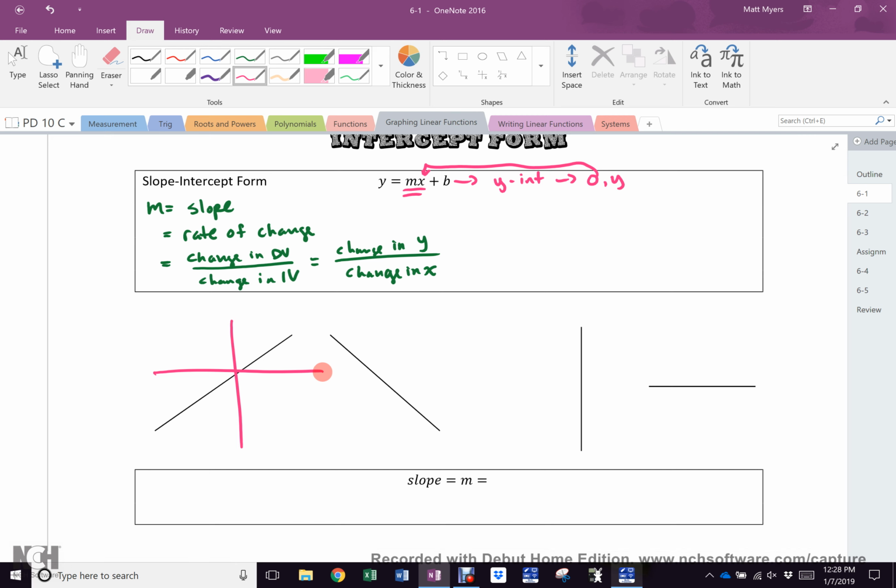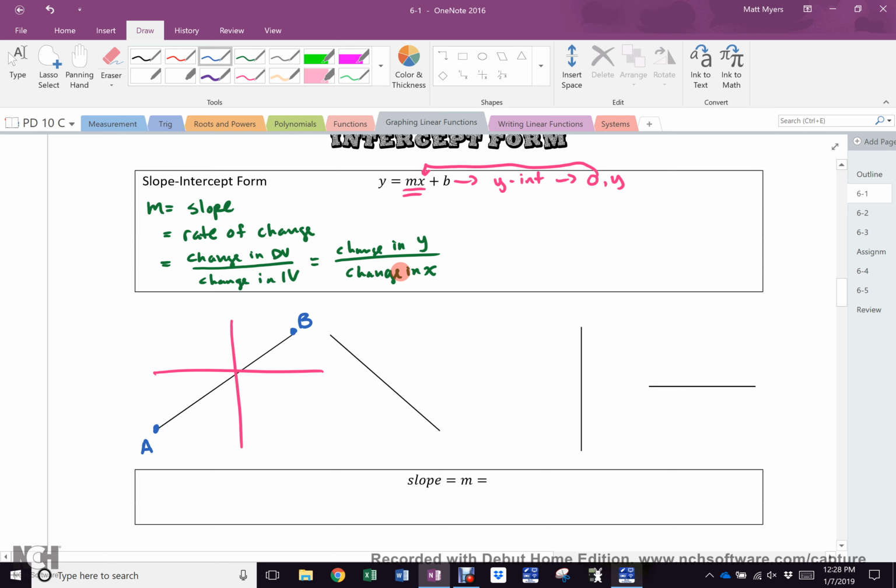Everybody cool? Here is the first point on the graph. That is point A. Here is point B. I want to know the slope of this, which means I have to check the change in y divided by the change in x. Everyone agree?